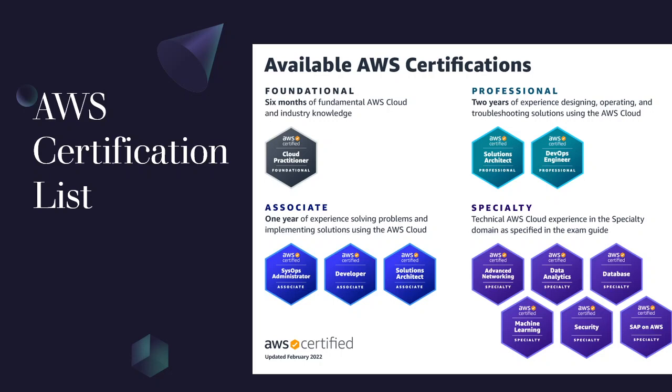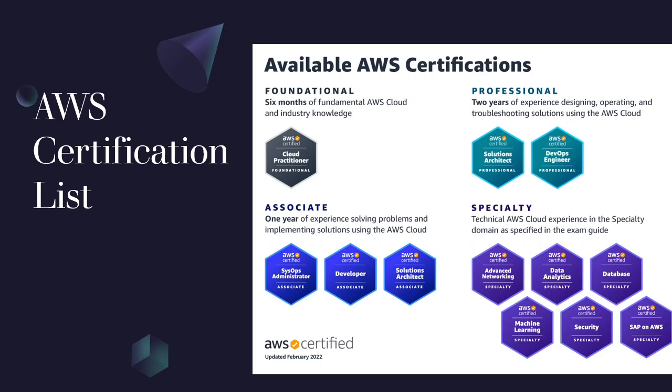Now, if you want to go deeper into any of these areas, for example, you did the DevOps certification or the Solutions Architect Associate certification and still want to continue, you have 2 paths. One is to go for a professional certification, and the other is to go for a specialty certification. Professional is the hardest certification in AWS. AWS provides 2 professional certifications: the Solutions Architect and the DevOps Engineer.